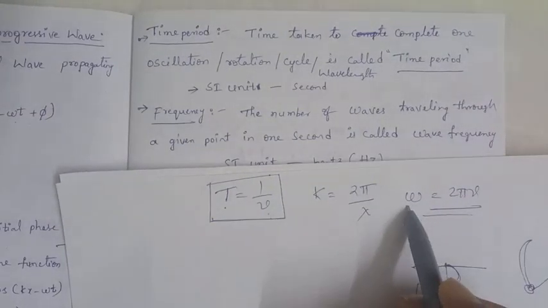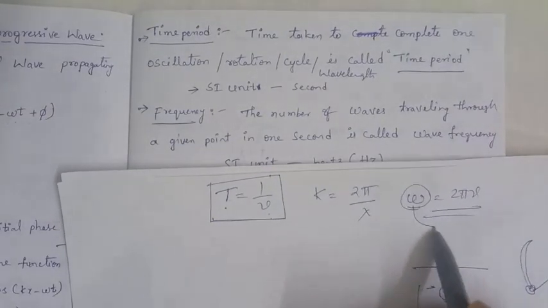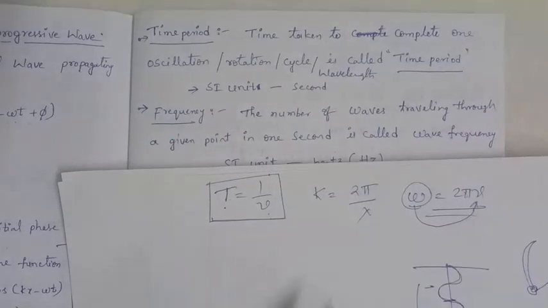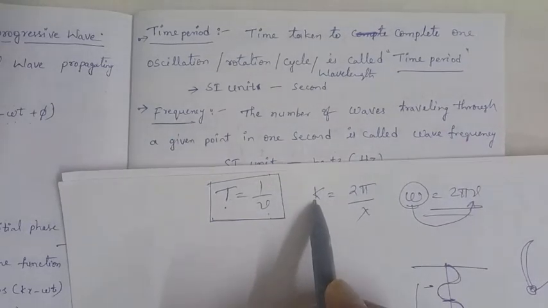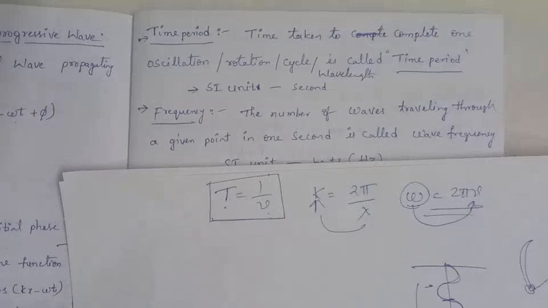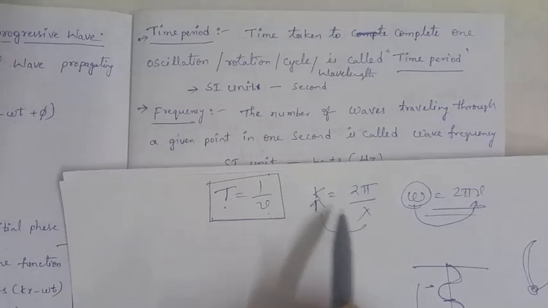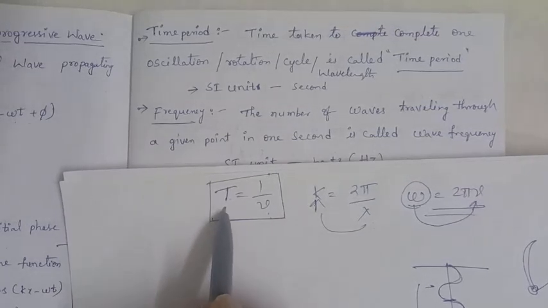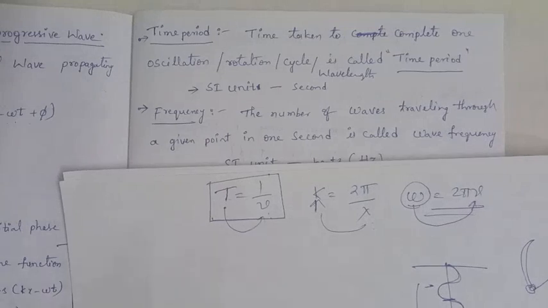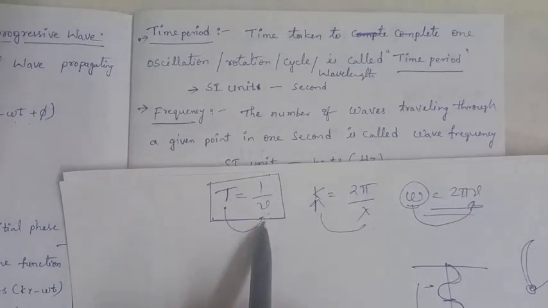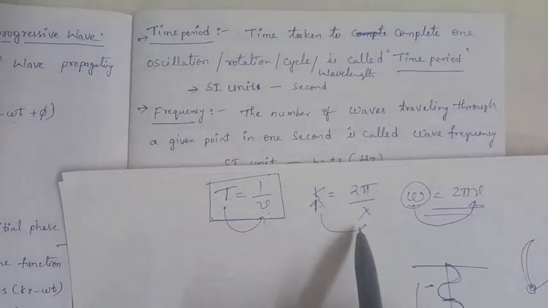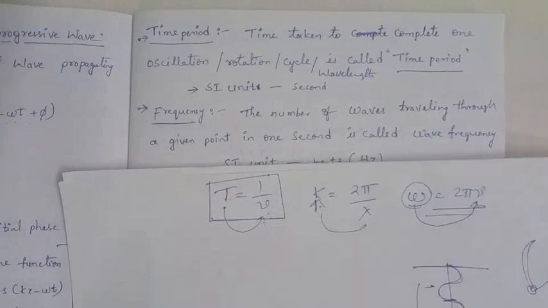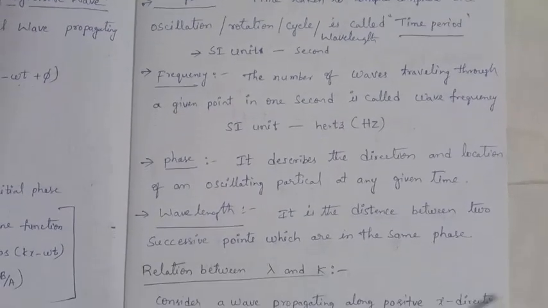This is the relation between angular frequency and normal frequency. And k, the wave number, is related to the wavelength by k equal to 2 pi by lambda. And this is the relation between time period and frequency: T is equal to 1 by nu. These are all the basics.